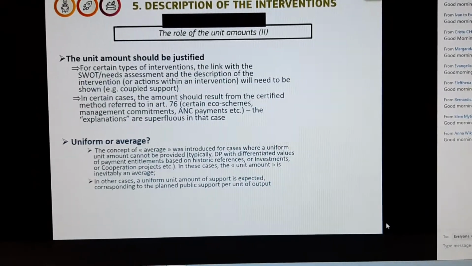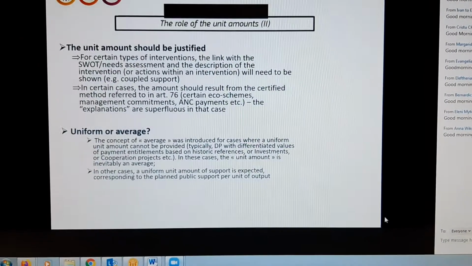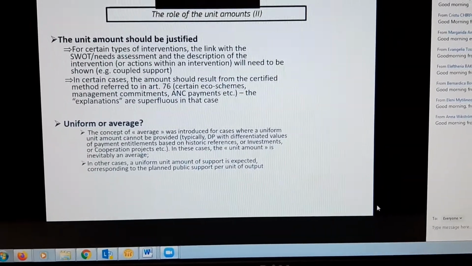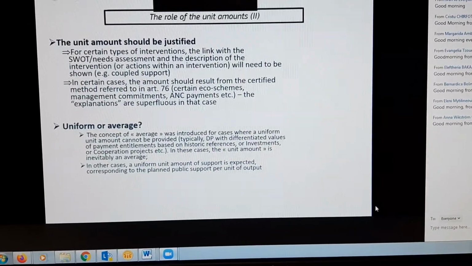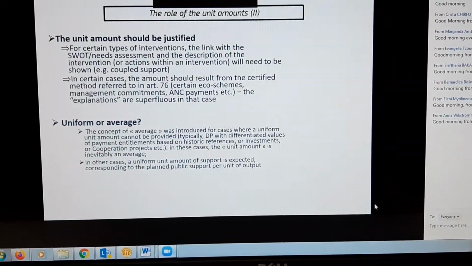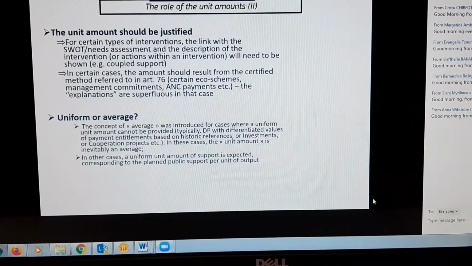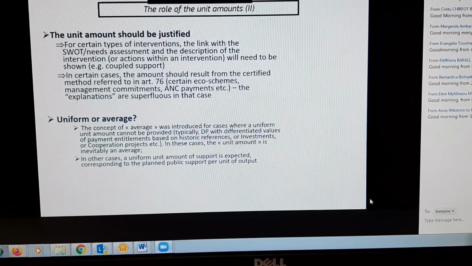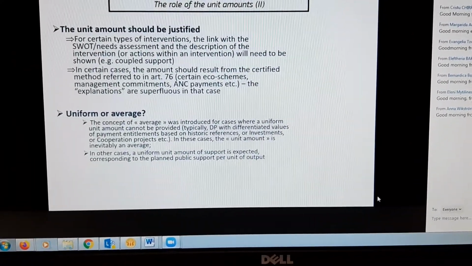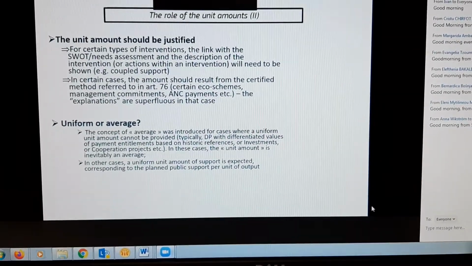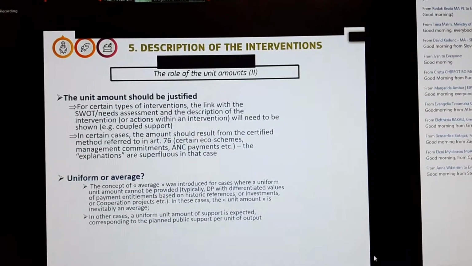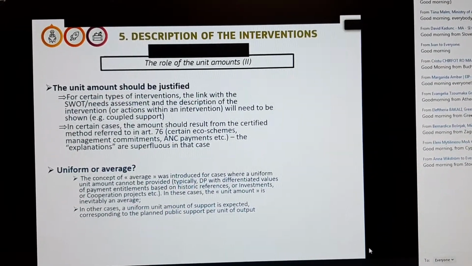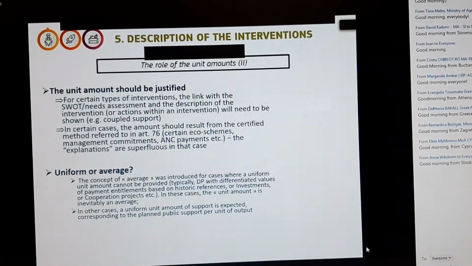Then the unit amount should be justified. In many cases, this is not the case for the cost incurred income foregone, so for IACS rural development payments, where no justification should be provided because this is certified externally, based on cost incurred income foregone. But for the others, where there is a free choice by the member state to set the unit amount, we expect a certain justification, not very detailed, but just to give us the link with the needs assessment, with the SWOT.